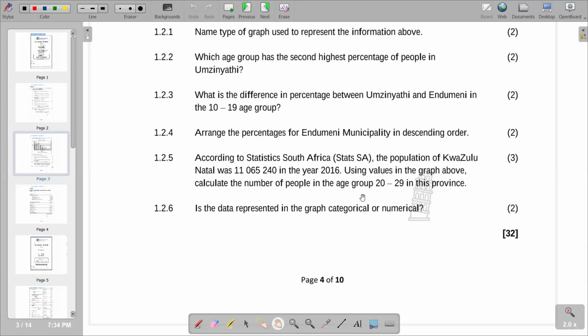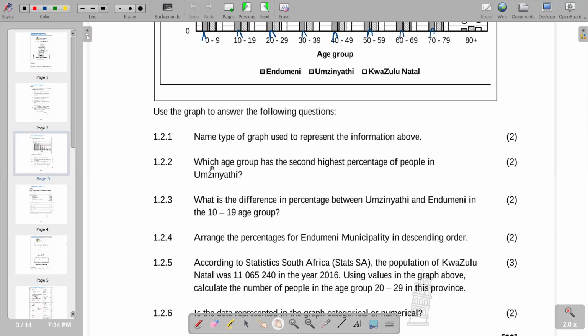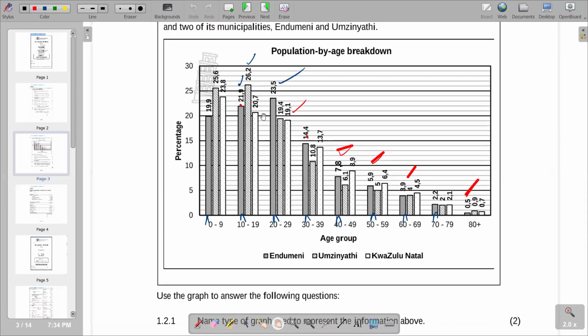age groups, which can also be categorical. So according to the information that we have, according to the graph that we have, and according to the explanations that we have given, we can identify it as numerical.